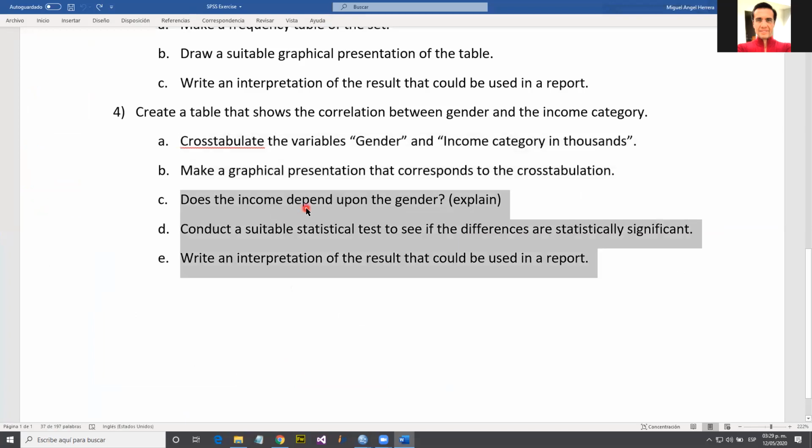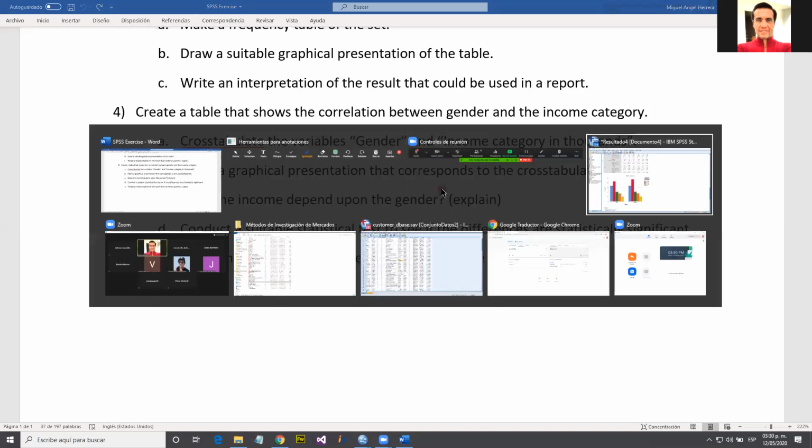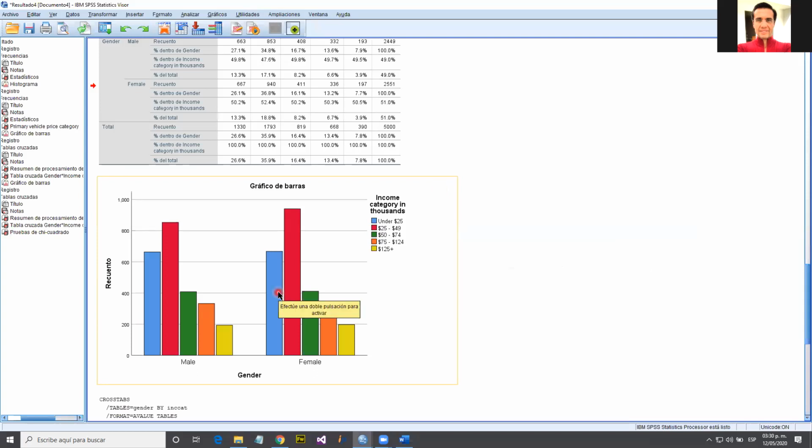Does the income depend upon the gender or not? Do a suitable statistical test and write this. Okay, so let's go. I want to know if this is because of a reason or just because of chance. A few moments ago, when my mic was out, I was explaining: just imagine that right now you go outside to the street, and while you are walking, you see a lot of people using face masks.